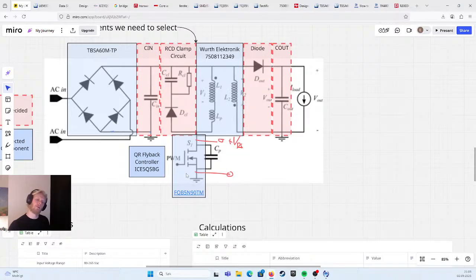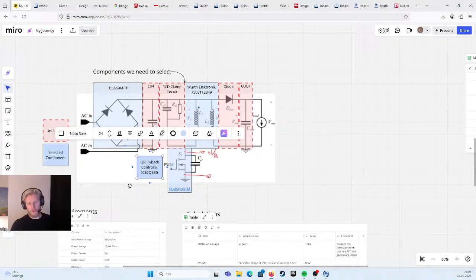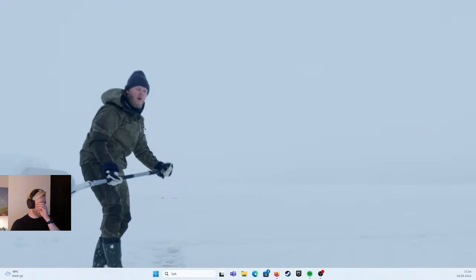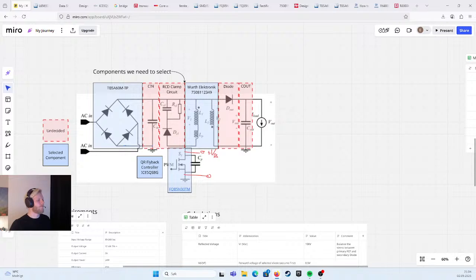Okay, we got the bridge rectifier, the transformer, the MOSFET, the flyback controller.